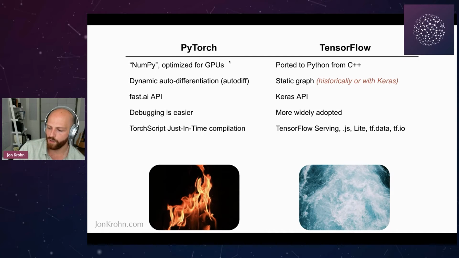In order to allow your models, whether they're Pytorch models or TensorFlow models, to execute efficiently in production, or even to train efficiently in production if you have a gigantic model or a lot of data or both, Pytorch has something called torch script just-in-time compilation that allows you to take your Pytorch model and compile it across all of the CPUs, GPUs, servers that you might have access to in a model training or production environment.